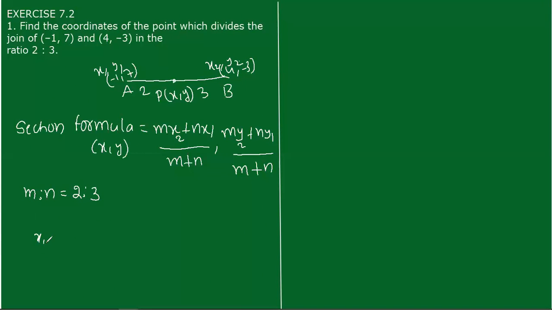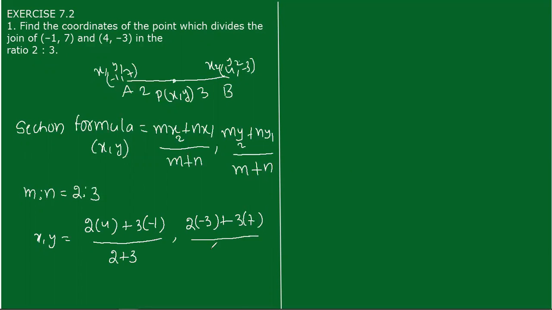Now x comma y is equal to m, what is the m value? 2, x2 is 4, plus n is 3, and x1 is -1, by m plus n, which means 2 plus 3, and m is 2, y2 is -3, plus n is 3, and y1 is 7, by 2 plus 3.